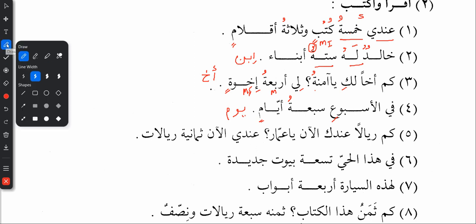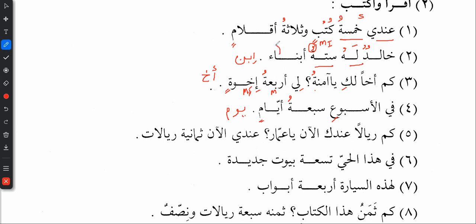Alif mamduda means this alif and hamza. This is the sign of femininity. So some of the nouns will have the sign of femininity, but it doesn't mean that it's feminine. So the singular is ibn, and ibn is male. So that's why I always say go back and check the singular. If the singular is male, your counted noun is male, and you will take a feminine number. So ayyam is male, so the number will be feminine.